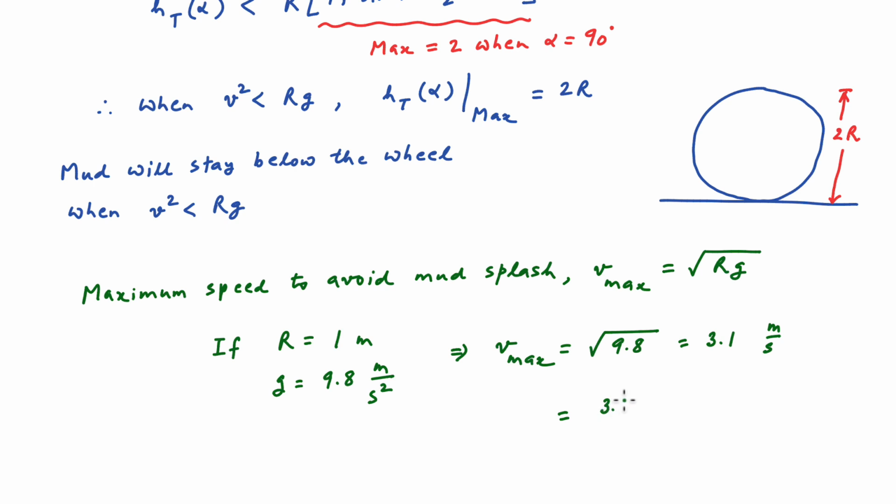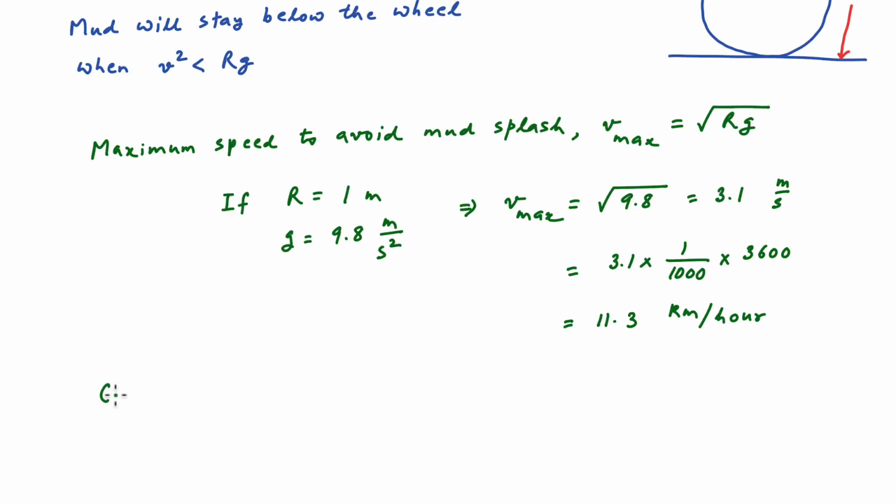To convert this into kilometers per hour, we divide by 1000 and multiply by 3600 seconds in an hour, and we get 11.3 kilometers per hour. And so the carriage should stay under a speed of 11.3 kilometers per hour.